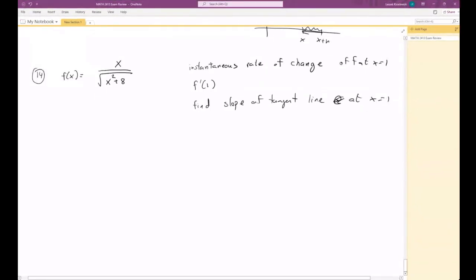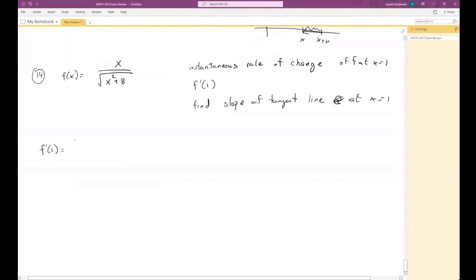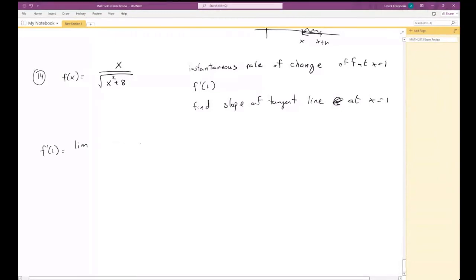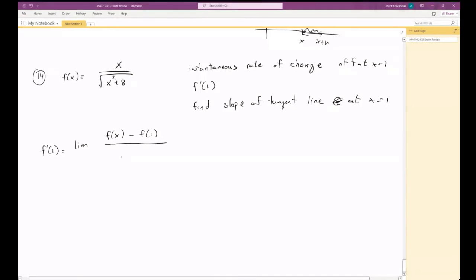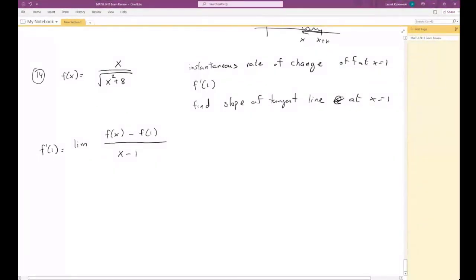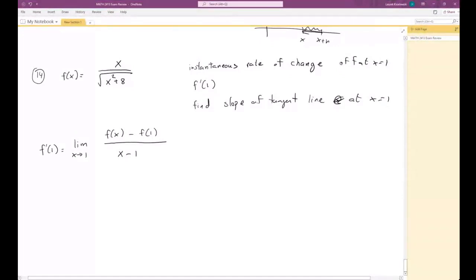So, different ways of just saying that. And we're going to insist on using the limit definition. So f prime at 1 is the limit. We'll use the first kind of way of writing that. So it's going to be the change in the values of the function, the function at x versus the function at 1, and then the change in the values of x, so x minus 1, and we're going to take the limit as x approaches 1.